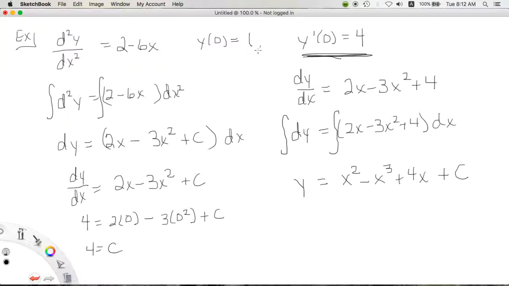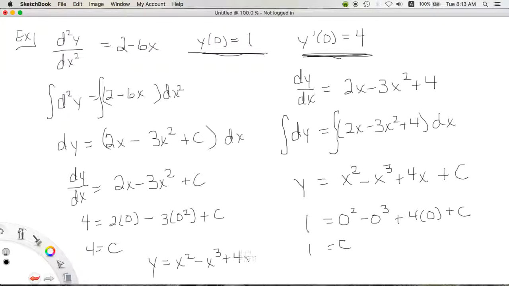Then after we do the plus c, we can look at this to find out what that c is. So our y value is 1 when our x value is 0. So that means c equals 1. So our original function is y equals x squared minus x cubed plus 4x plus 1.